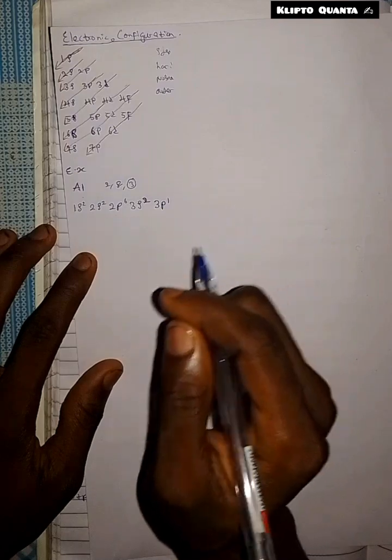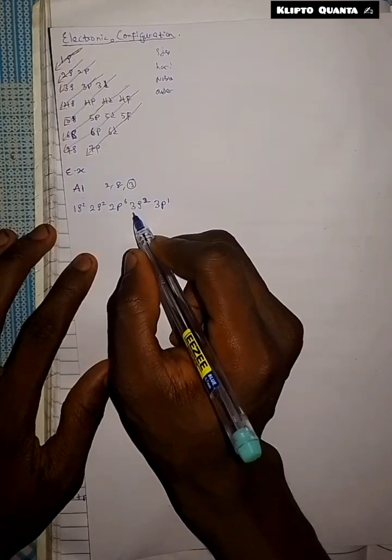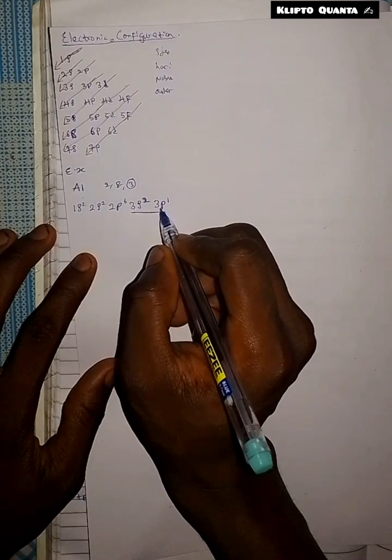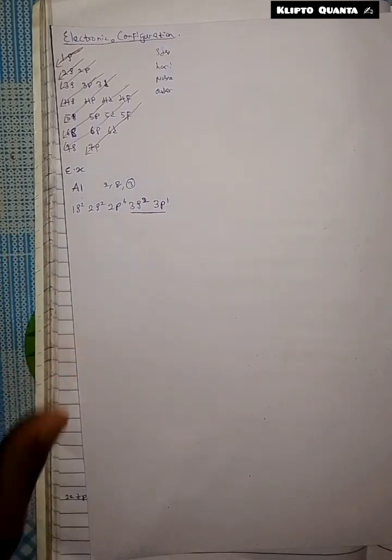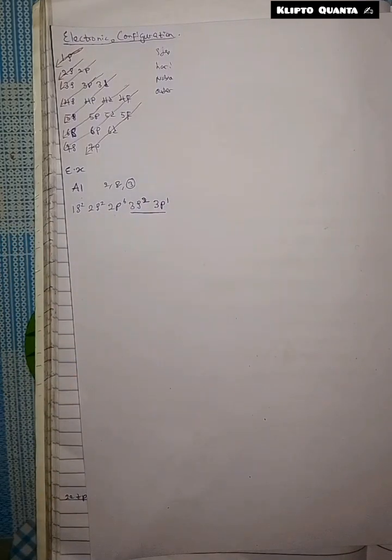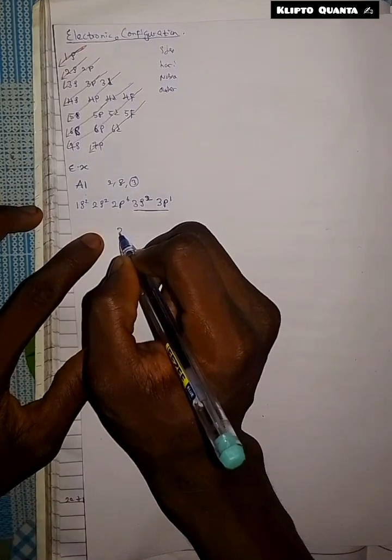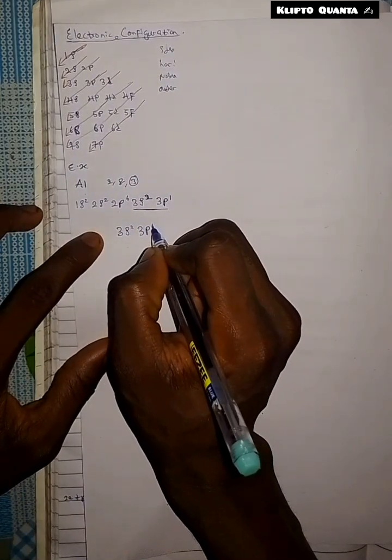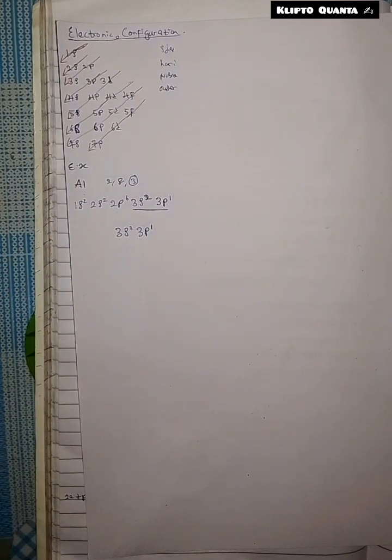They only take the outermost shell, and the outermost shell there is 3, which is from 3s² and 3p. Let me just put it that way. Are you getting what I'm saying? If you look at this, you can bring them out as 3s² and 3p¹.